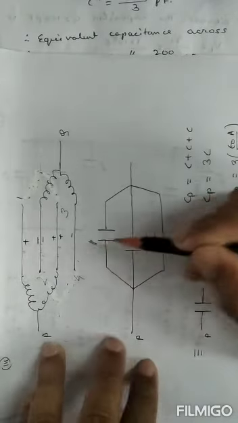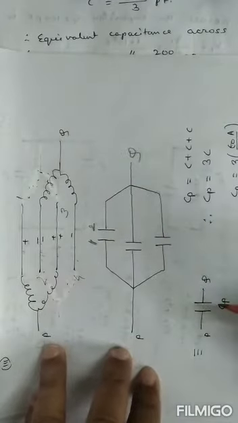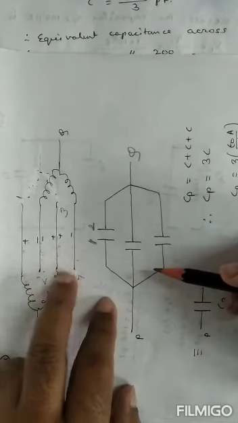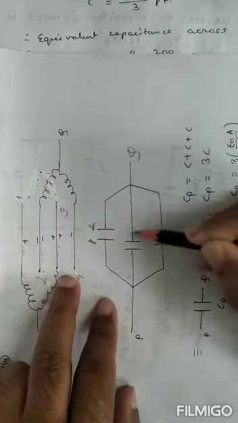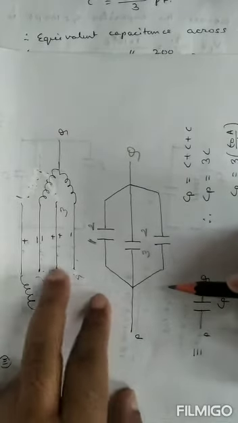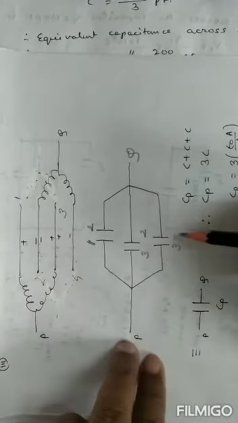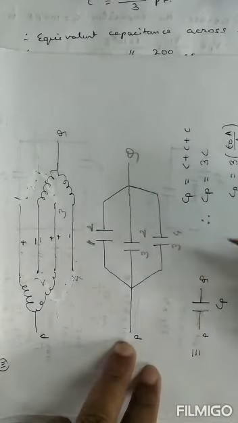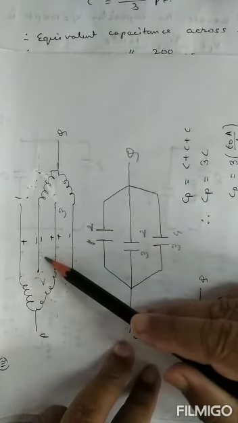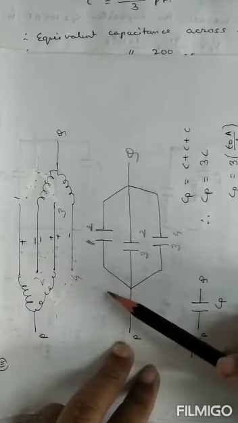Plate 1 is connected to P, plate 2 is connected to Q. Then between 2 and 3 also there is a parallel plate capacitor. Plate 2 is connected to Q, plate 3 is connected to P. Between 3 and 4 also there is a parallel plate capacitor. Plate 3 is connected to P, plate 4 is connected to Q. That means this plate is common for these 2 capacitors. Similarly, the third plate is common for these 2 capacitors.